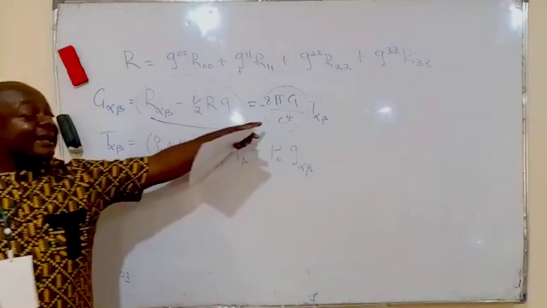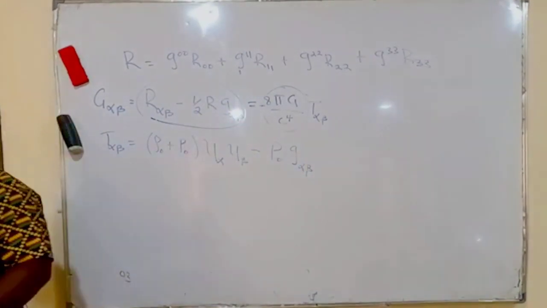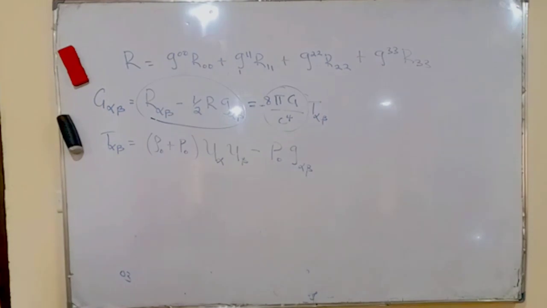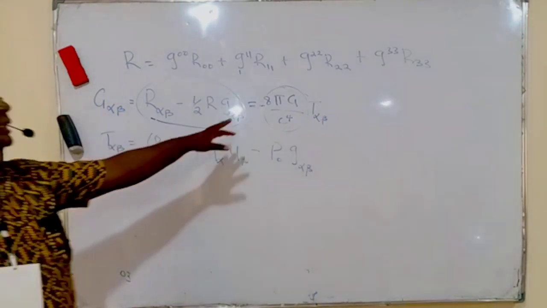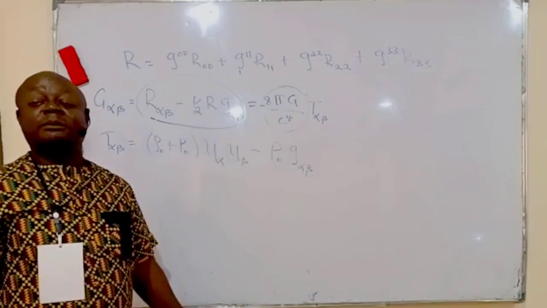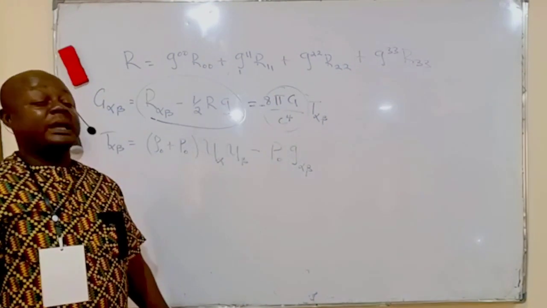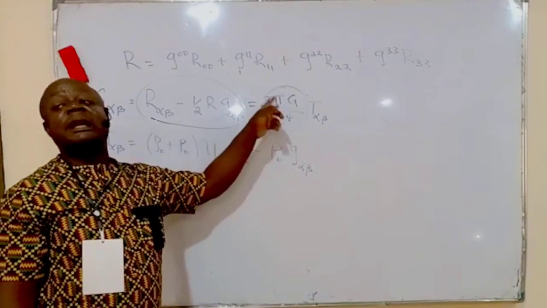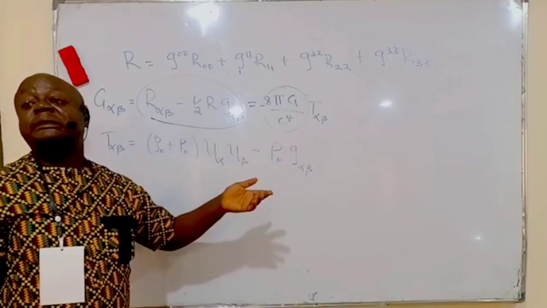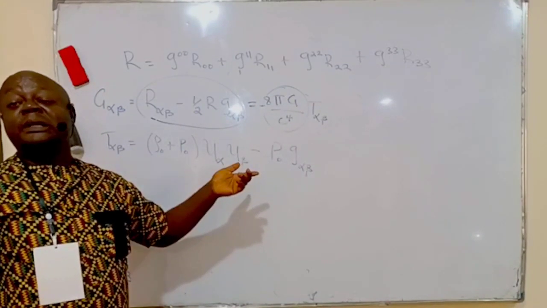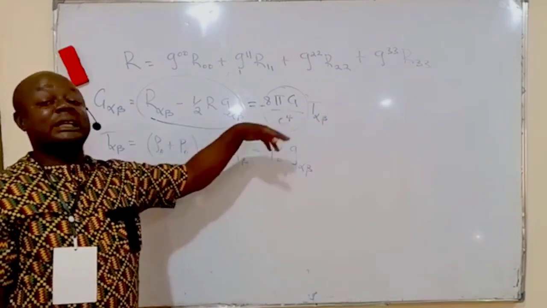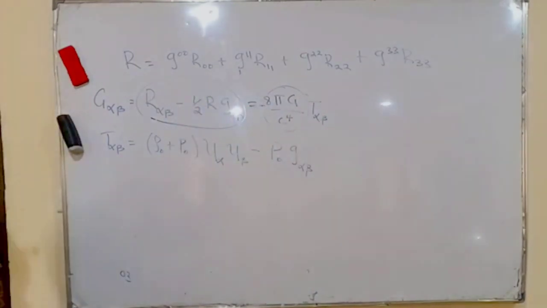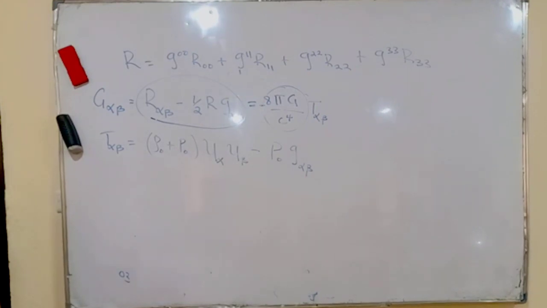If they are not there, this equation will not be correct. And as we said earlier, you need to bring in something related to gravity so that you can take care of some of those parameters.